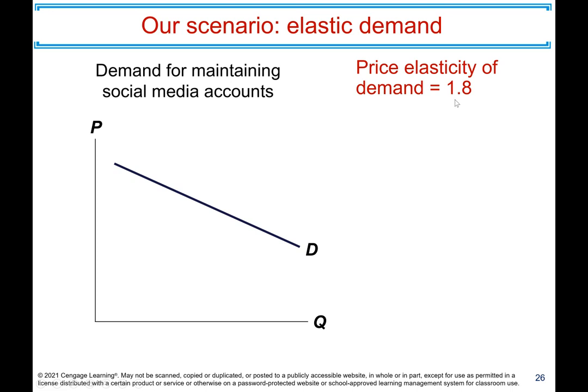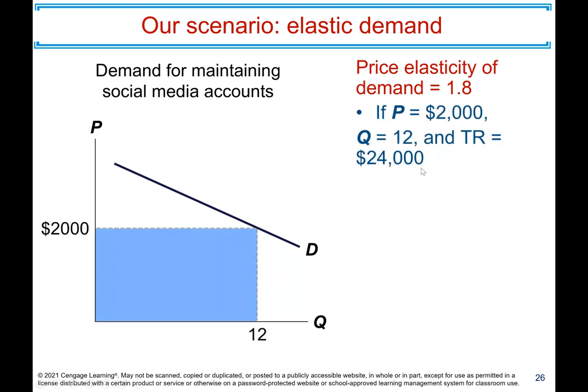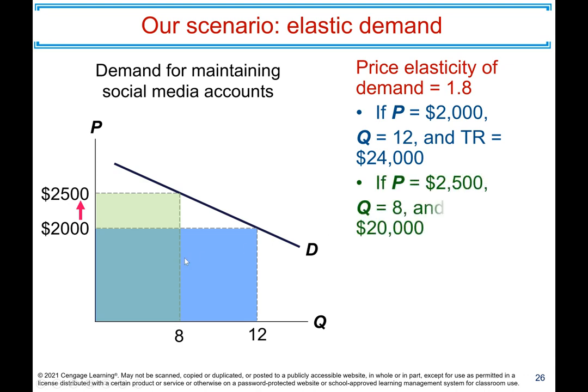Price elasticity of demand is 1.8. If price is equal to 2,000, quantity is equal to 12, and total revenue is 24,000. And if price is 2,500, quantity is 8, and total revenue is 20,000.